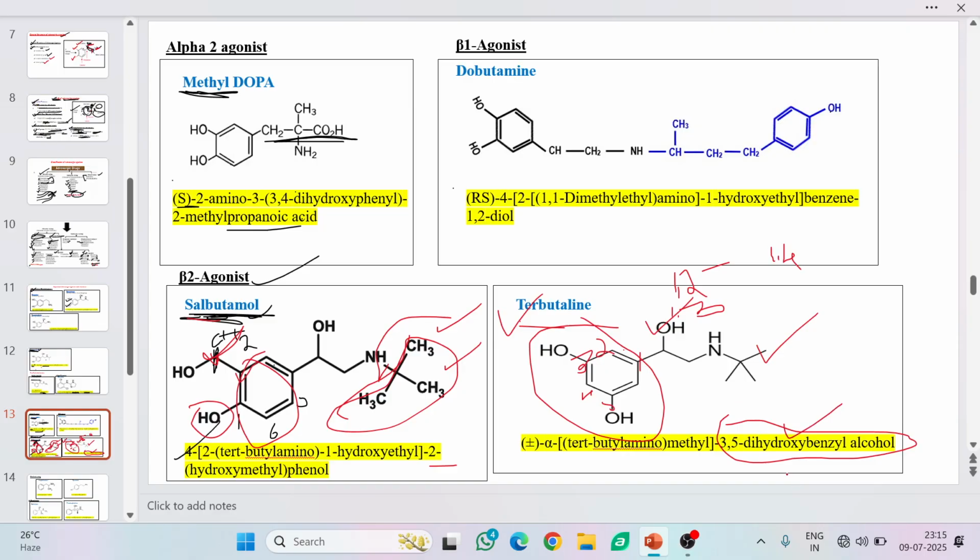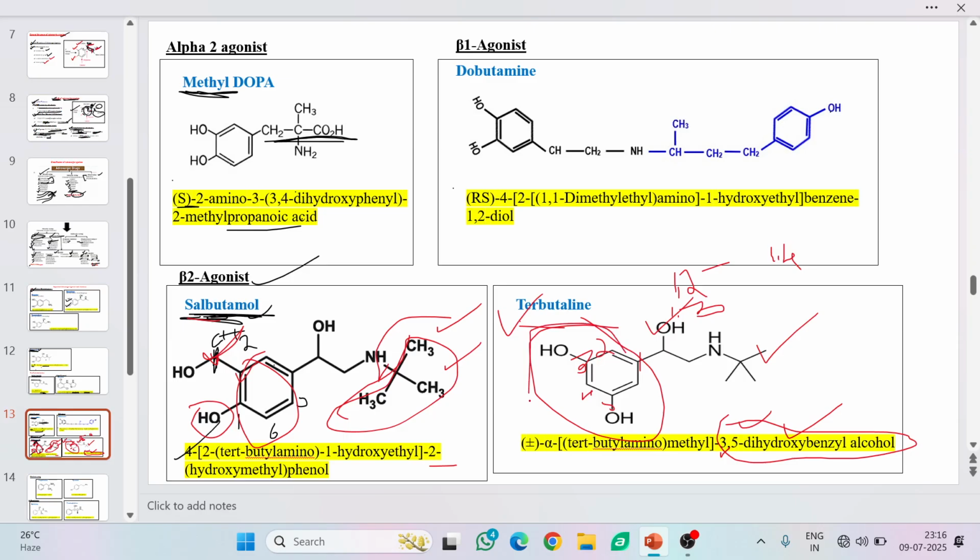This is the trick. You have to identify which drug. If they have given the IUPAC name, then you have to identify, because there is no such condition in salbutamol. But yes, in case of terbutaline, there is the presence of these 2 hydroxy groups, which are at the 3,5 position, or you can say the 1,3 position.